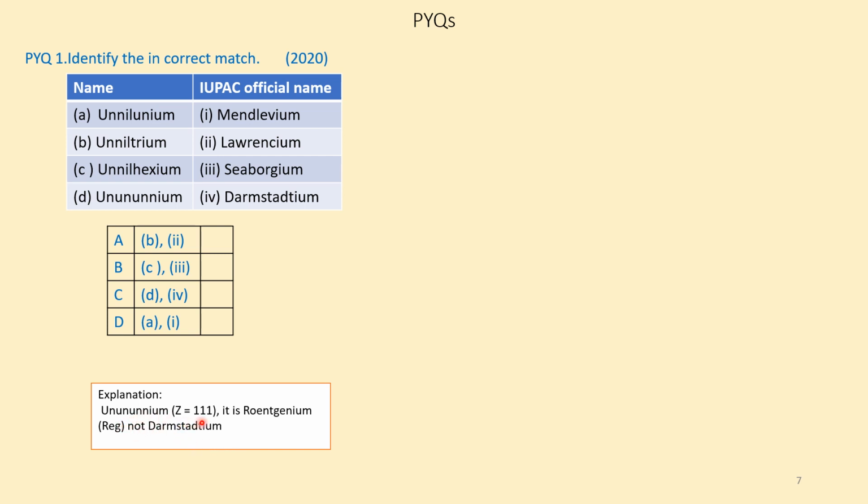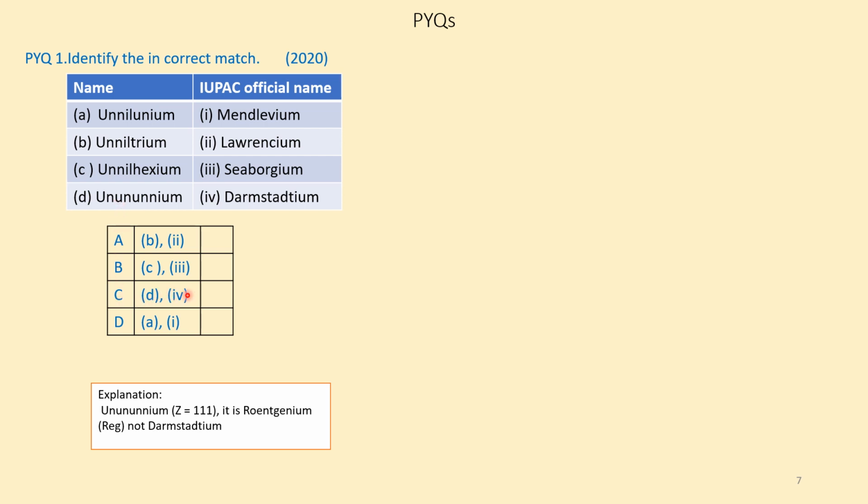Ununium, Z equal to 111, is Roentgenium. This is shown in the table in column 1 as option D, and it is matched with Darmstadtium, which is 4.